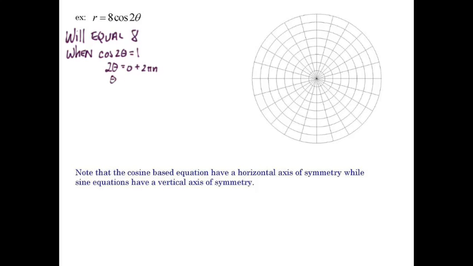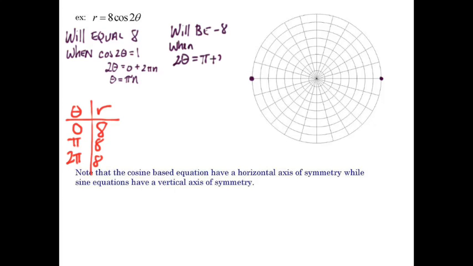And so any multiple of pi n is going to be 8. So I get 8 at 0, pi, and 2 pi. And I can see it's going to be negative 8 when I have a rotation of pi, and we can get the same piece over here and get my negatives, and the negatives flip-flop the other way.